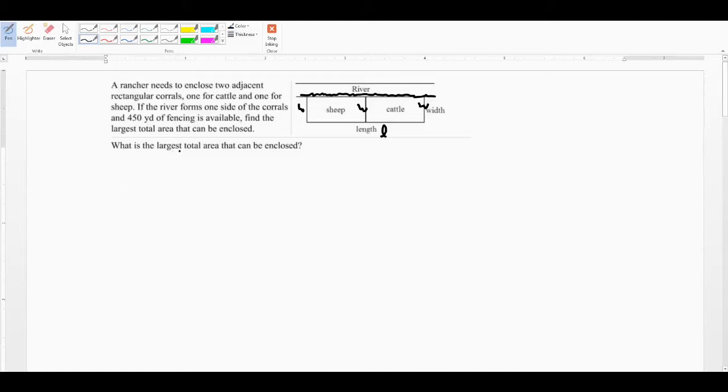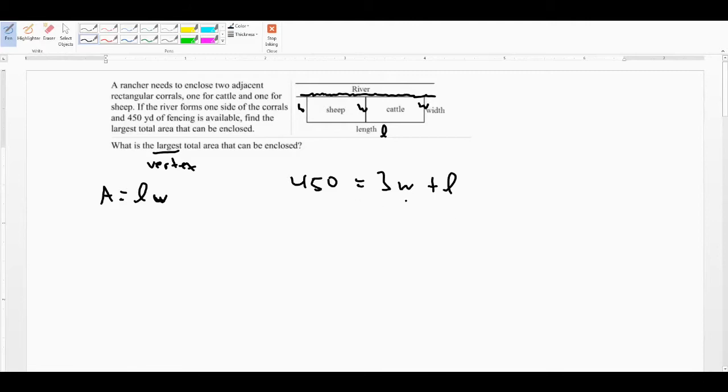When it says largest, that's the same as maximum, that's the same as vertex. In order to find the vertex, we need a quadratic equation. So we need to maximize A equals length times width. But before we can do that, we have to look at the perimeter, because 450 yards of fencing is available. So that's the whole perimeter, or whole amount of fence needed. So we're going to fence in these three widths and that one length. Remember, the other length is the river.